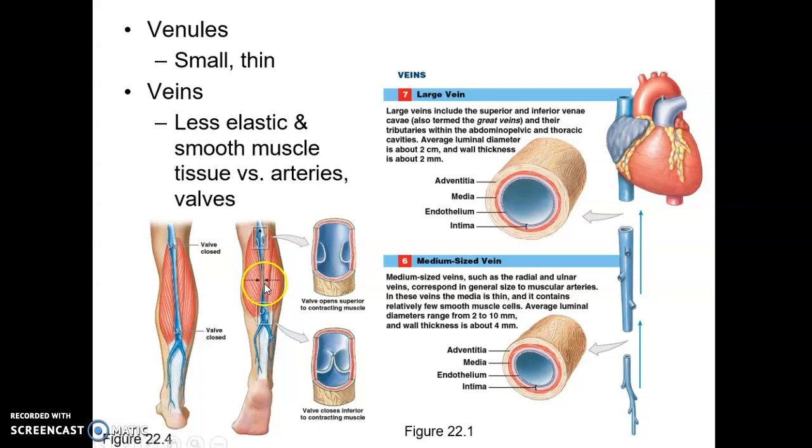Well, when these veins are squeezed by the contracting muscles, it pushes the blood up in this case, but also down. But the blood flow down is limited because of the presence of these valves. So as the blood percolates through and the muscles contract, the blood is pushed in one direction, back towards the heart.